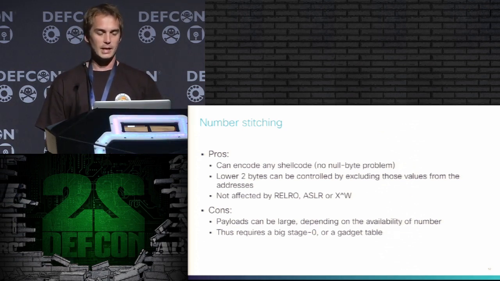The cons are that the payloads are fairly large, because you're adding multiple values, up to 5 values together, to reach the value of a chunk. That requires quite a bit of iterations, and those iterations transform into code length. So your payload grows, and your stage 0 can get pretty big. That's a pretty big con.